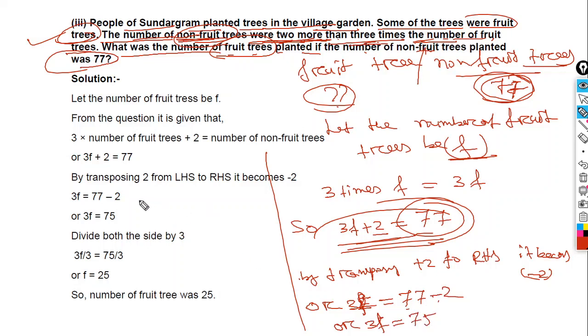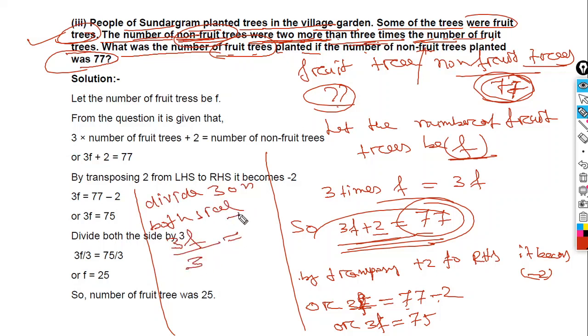Now 3f equals 75. So what do we do now? Divide by 3 on both sides. Now 3f by 3 is equal to 75 by 3. Now 3 cancels, or f equals 75 by 3, which is 25.